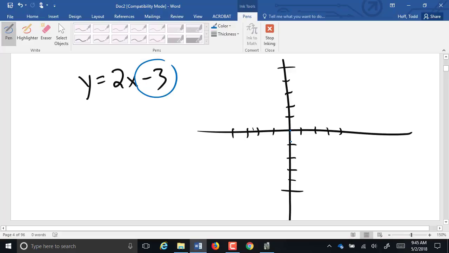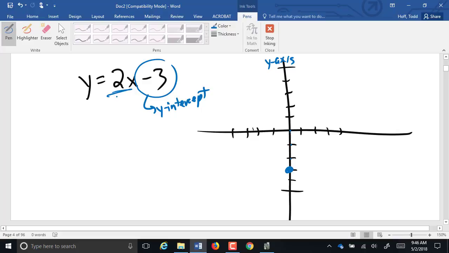So -3 means we go down 1, 2, 3. That's where this graph starts. It's actually called the Y-intercept, because that's where the line intercepts or crosses the y-axis. Remember, this is the y-axis here.